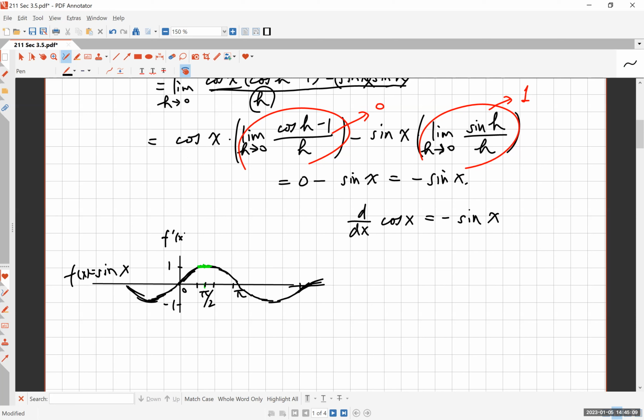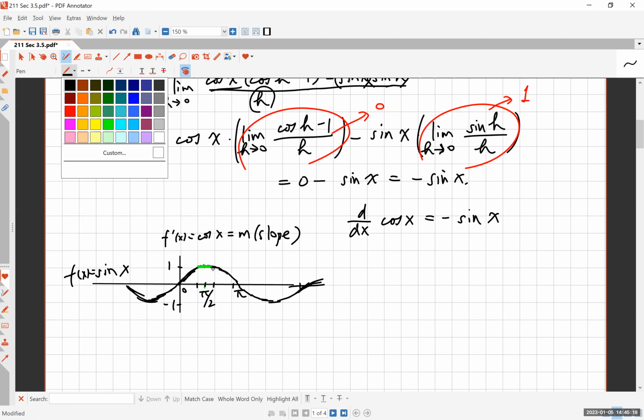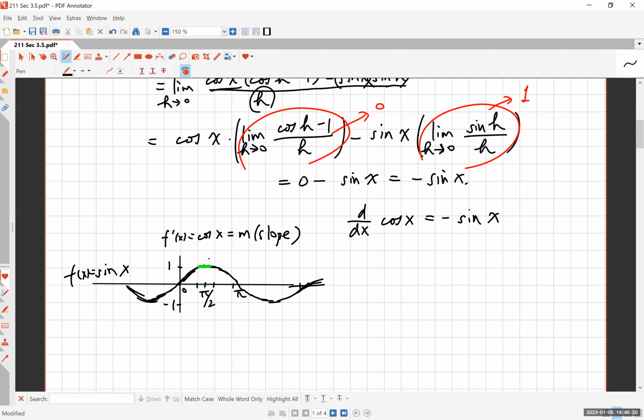The derivative is cosine of x, and that is going to give you the slope. The slope of this green segment I just placed on top of pi over 2 should be the derivative evaluated at pi over 2. That's cosine of pi over 2. Now, what is cosine of pi over 2 or cosine of 90 degrees?